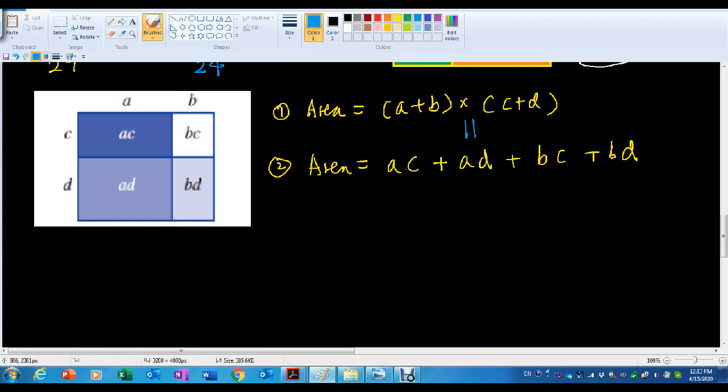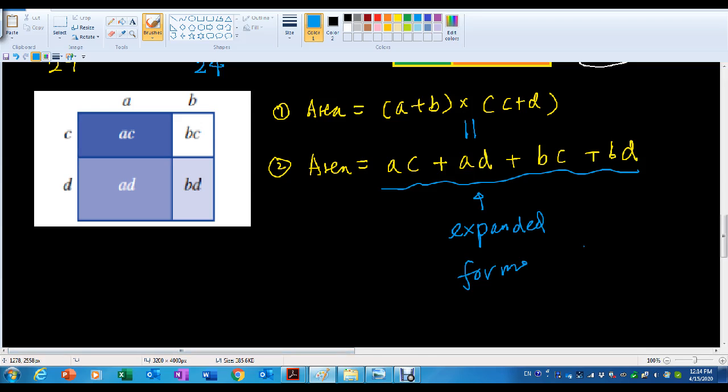If we have 2 binomials multiplied together, how could we get it expanded? The purpose is to get this form from the product of 2 binomials. This is what we call the expanded form of 2 binomials.